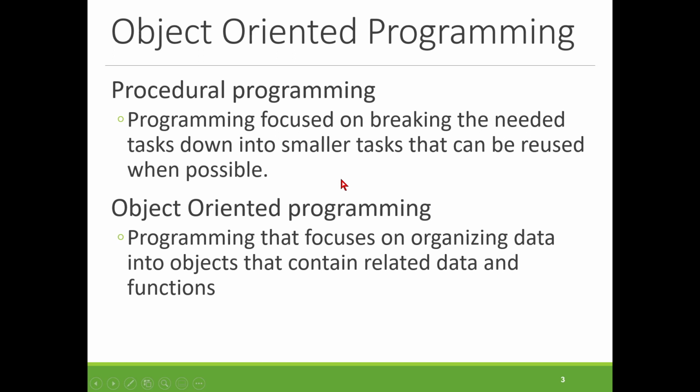These two types of programming are not mutually exclusive, but there's times where you're programming focused more in a procedural way, where you're focused more just on breaking the code down itself, and there's times where you focus on the more object-oriented version, where you're really focused on breaking down the data and code into appropriate objects.